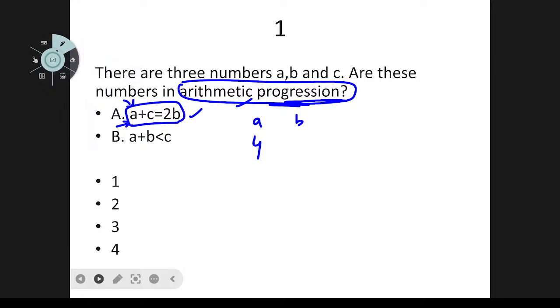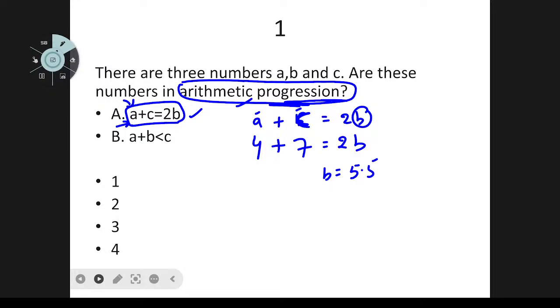A plus C is 2B, so I should take 4 plus 7 is equal to 2B, so that I get the value of B. I should not randomly take it; I should take the value which satisfies. These two I randomly took, and from that I get B. So B is equal to 5.5.